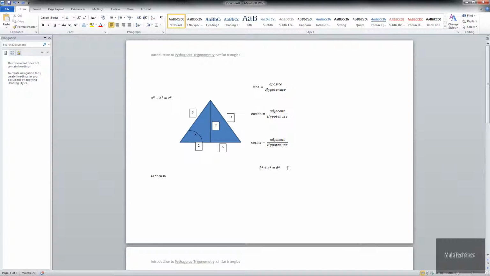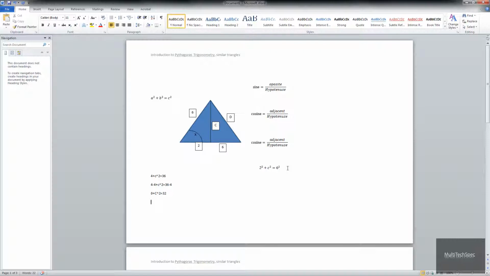If you want to find the length of the shorter side, what we need to do is subtract 4 on each side, and that gives you 0 on that side. c squared is equal to 32.